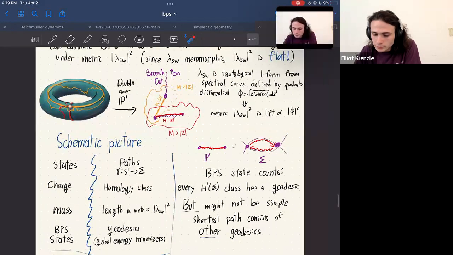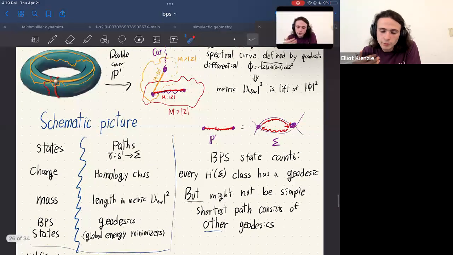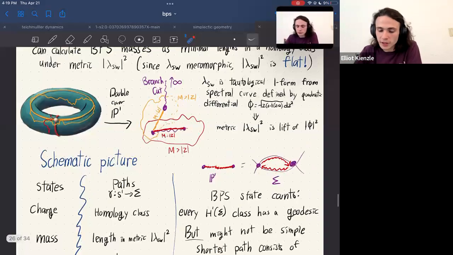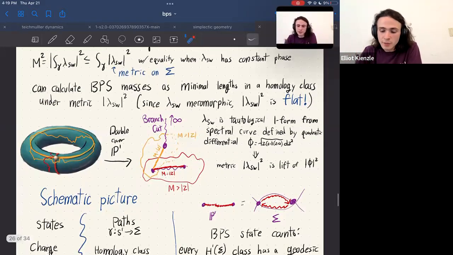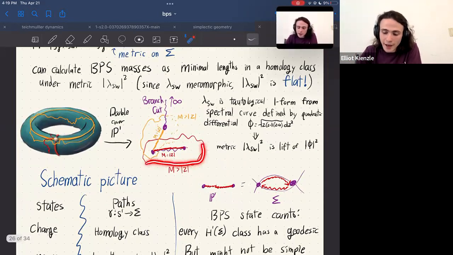Right. So this brings up a schematic picture of what's going on, because all we set up here is that we can calculate the masses with geodesics. But what if we pretended that those paths, which were kind of incidental, were actually the real states?